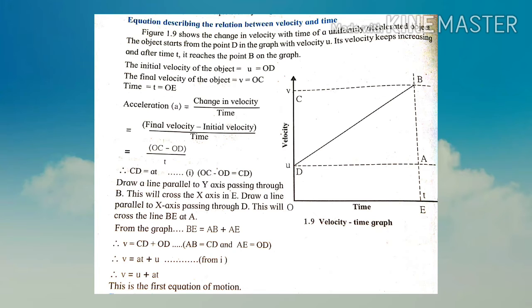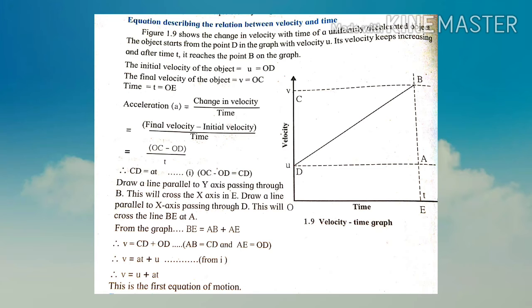We all know that acceleration a is equal to v minus u divided by t. It's a formula. Now we put in its values, then what happens? a is equal to OC minus OD divided by small t, but OC minus OD means CD, therefore CD is equal to a into t, but v is equal to CD plus OD.